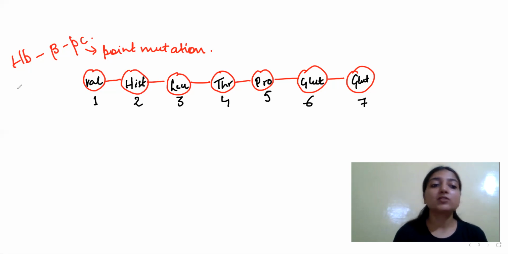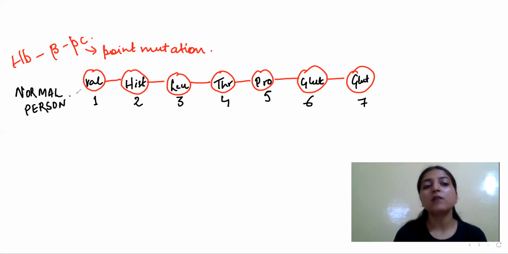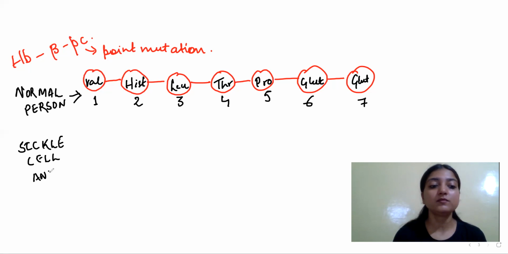This is shown in a normal person, normal in the sense of sickle cell anemia I'm talking about here, okay? So a normal person shows this sequence. Now if a person is having sickle cell anemia, what happens in the sequence?